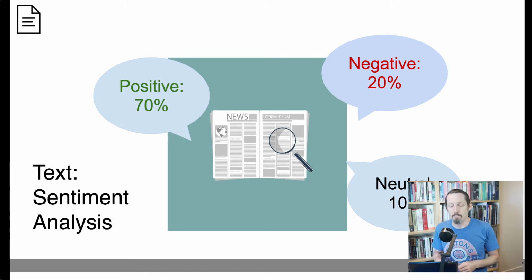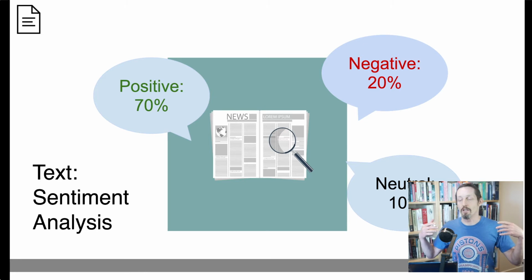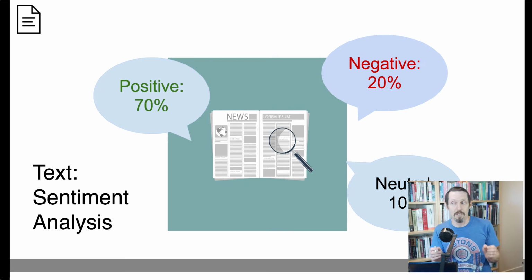So one of the ways that people deal with that is to make the analysis relatively simple. Rather than, say, understanding all the parts of speech and the exact meaning of a sentence, which can be very, very difficult and is only now becoming something that's semi-reliable, we can just make a much easier analysis where we try to judge, is a given piece of text happy or sad or neutral in its outlook?